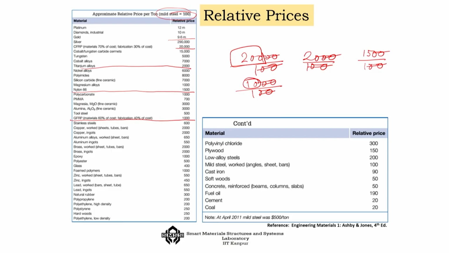And then I come down in this list more and more, I will see the plastics coming up here, and they are actually as cheap as the steel, though not so very cheap, but as cheap as the steel. And this list continues here and gives us an approximate idea of the relative prices. So, this is important for us as engineers, we must keep the cost of the material with us.